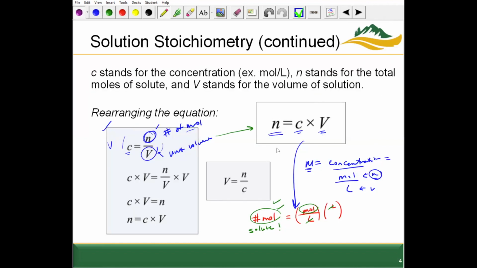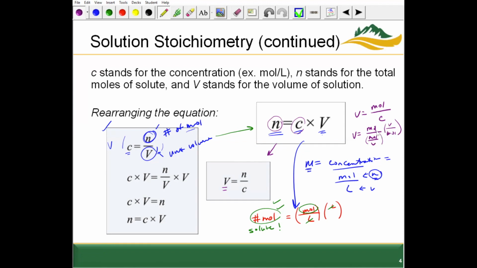Another way to rearrange this is volume equal to the number of moles over the concentration. Since the concentration is in moles per volume, when we have a fraction in the denominator, we can multiply the numerator by the reciprocal, so volume per mole.